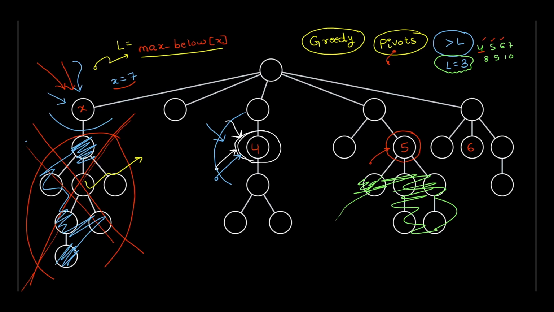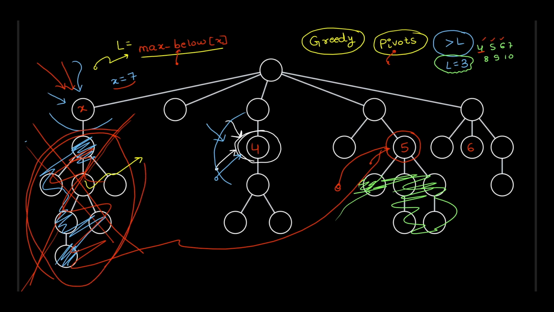In that case, you can lock down this 5 and use it greedily to delete this entire thing. And you can do that, because this 5 is greater than this max below, right? Max below means the maximum element in this subtree, which was required to clear this entire subtree so that this becomes a leaf element. So we can actually do that.